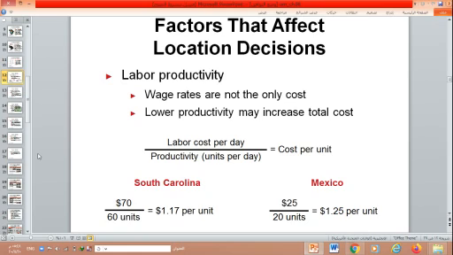So we want to discuss some of those factors in more detail. The first one is labor productivity. When the firm is deciding the appropriate location for its facilities, management should choose the area with low wage rates. However, the wage rates cannot be considered by themselves. The management must also consider productivity.